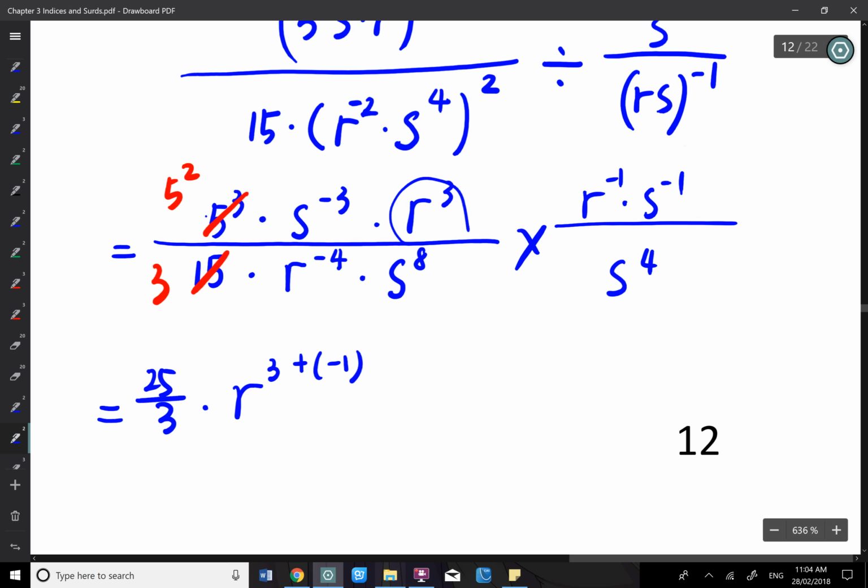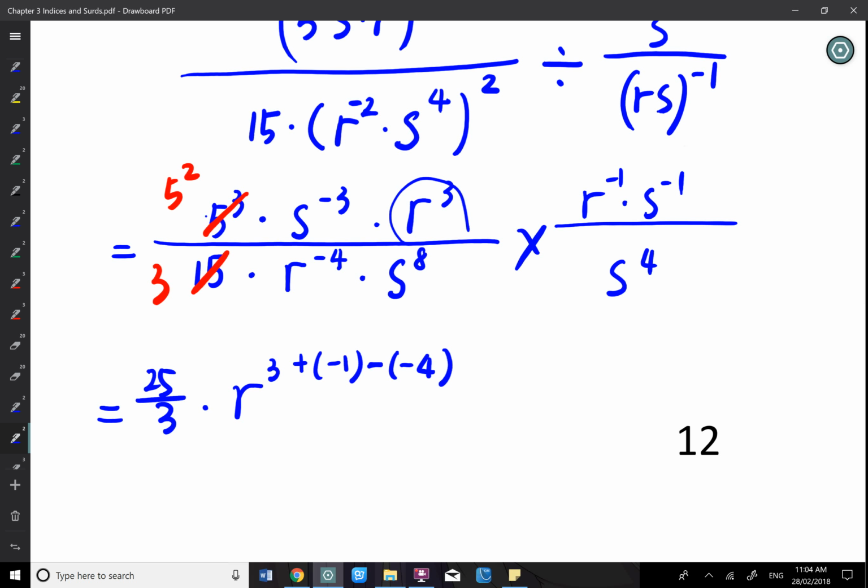You have divide by r to the power of negative 4. I will minus negative 4. That's it. a to the power of n divided by a to the power of m is a to the power of n minus m. You just subtract the power. I don't care whether the power is negative or positive. I just do it, and I will see later in the end. I want to combine them first and then see the result.